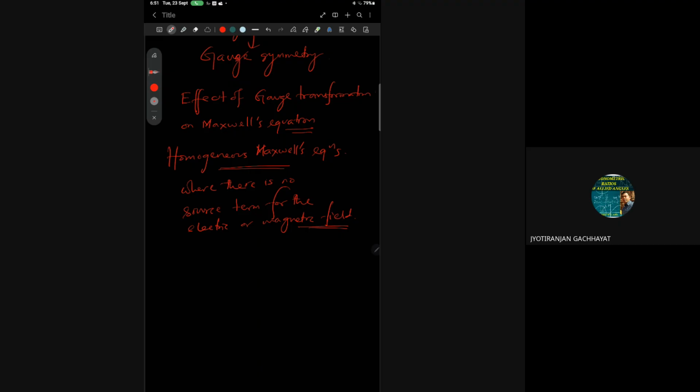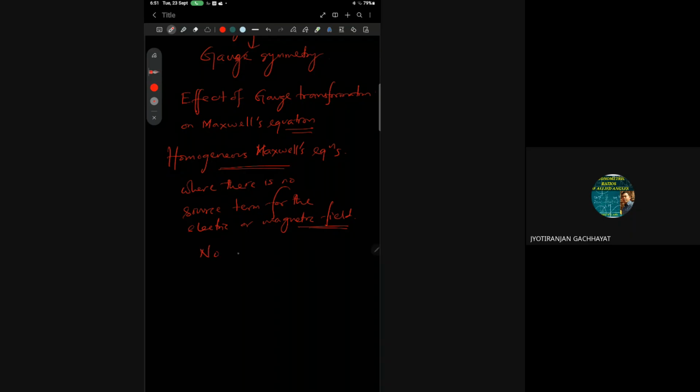Source term nothing. What is the source of the electric field? Charge. Well, we have discussed that there are two sources of electric field. One is a changing magnetic field, another is charge, right? A change in magnetic field will also create an electric field. But if we look at static sources, then it is the charge density, or charge, which will create the electric field.